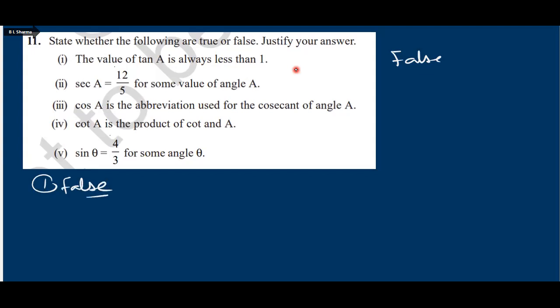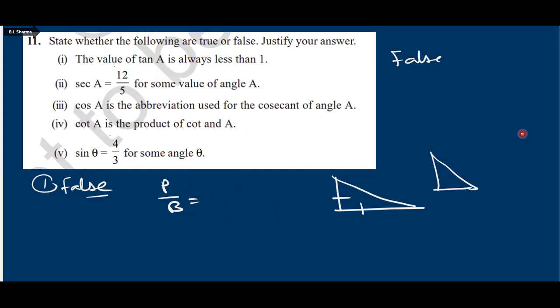Because it is not necessary that the ratio of perpendicular upon base, that is tan theta, is less than 1. Perpendicular और base में किसी भी right angle triangle में, the perpendicular and base can be equal.